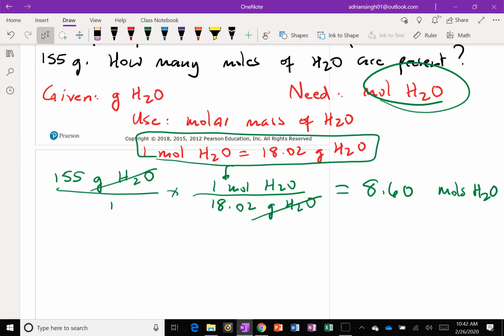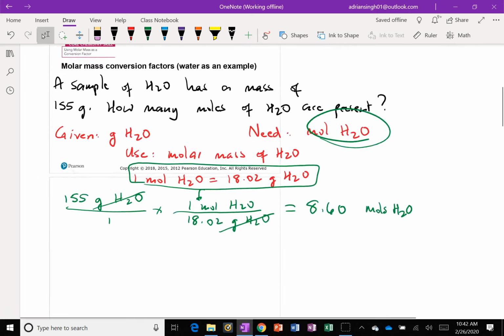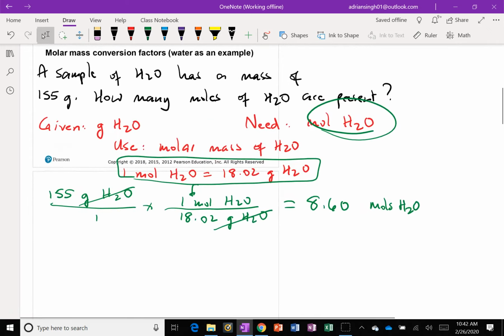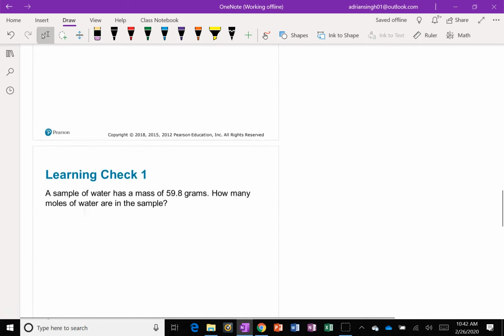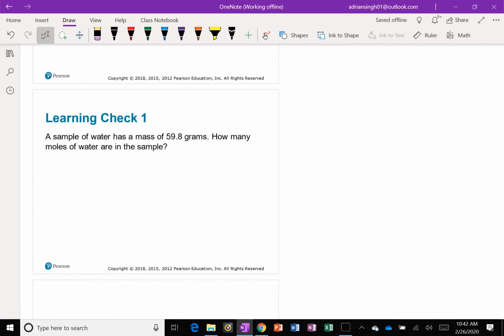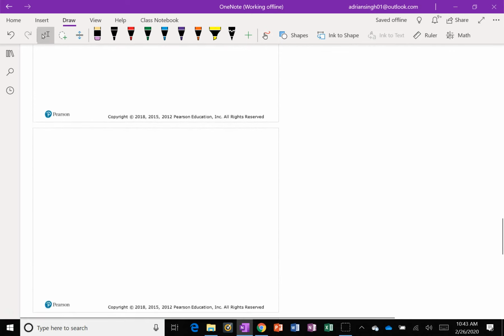The only difference now is your compound is made up of multiple elements, multiple atoms, and you have to combine those together to calculate the molar mass of that entire unit. All right, let's scroll down. Okay, so we practiced one of those.